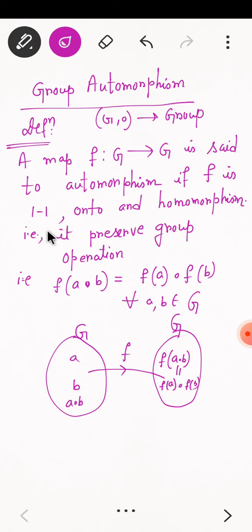Then the mapping from G to G is said to be an automorphism.